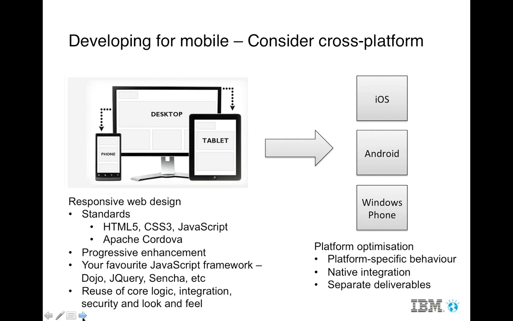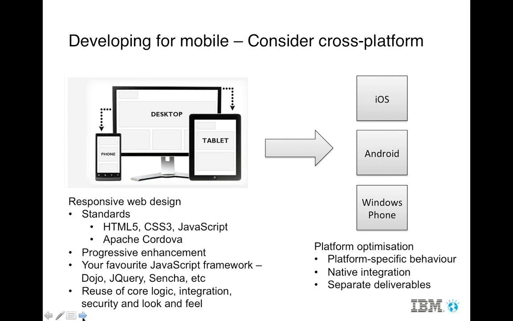And I guess from our point of view is just to make sure that you back one of those that has got great community engagement with it. Certainly that's why we're, as IBM, contributors to Dojo and jQuery, because there's a great community effort behind that as well.